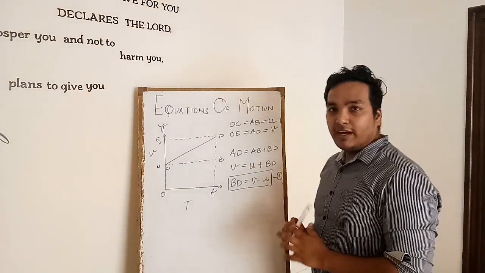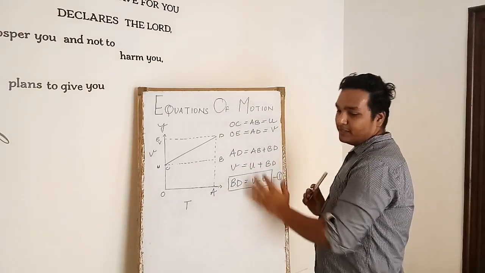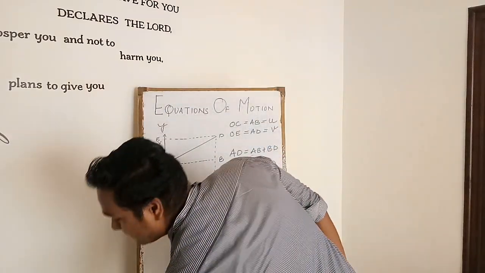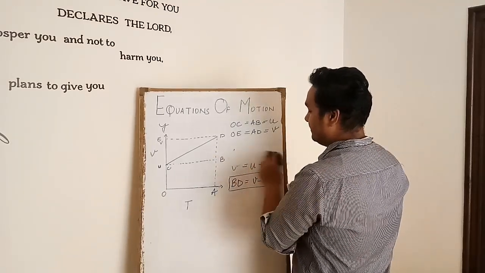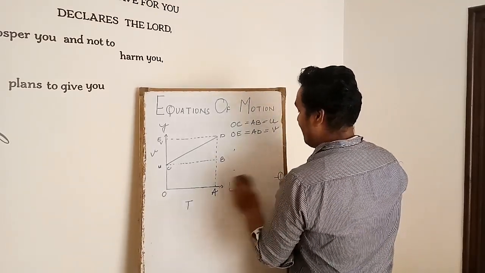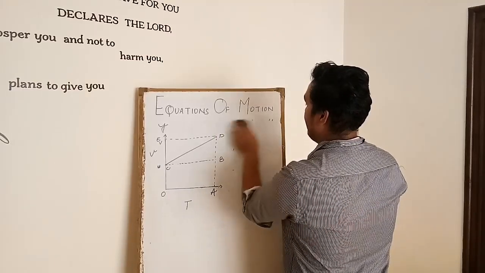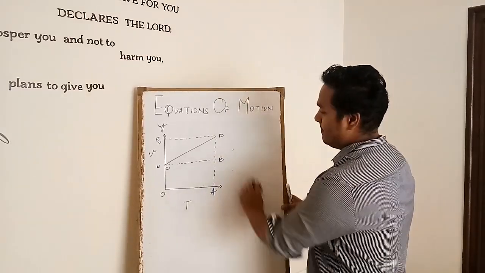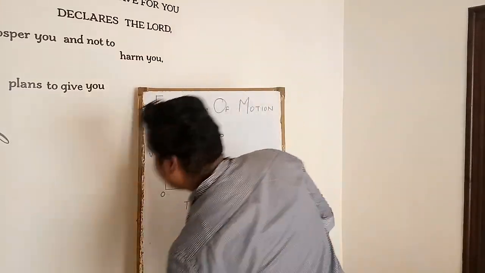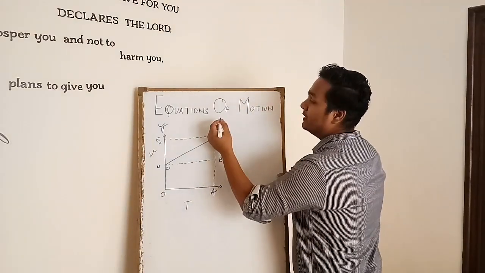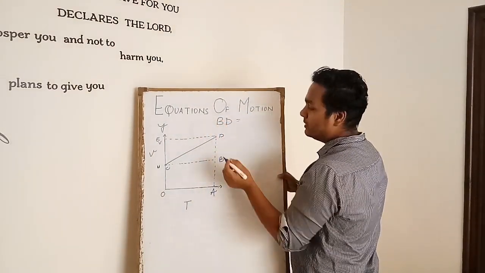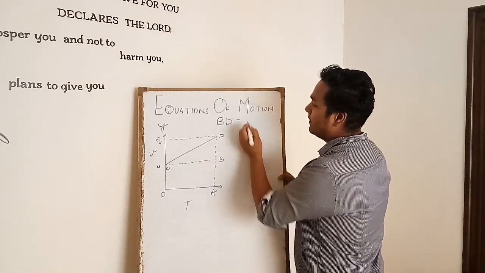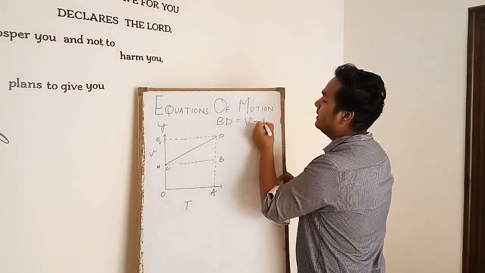I need more space, so I'm rubbing this, but I write this equation there. The first equation that we found was BD is equal to v minus u.